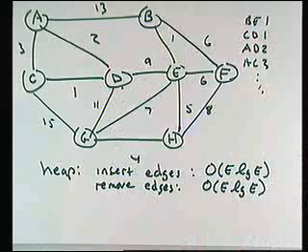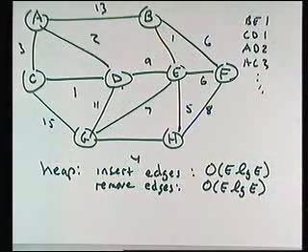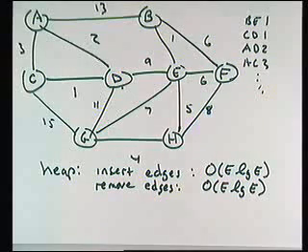It's essentially the same idea, where I can sort these edges in order and then look at them one by one. The tricky part is, given an edge, determining whether a cycle is caused. So we start out saying, these are our edges, these are our vertices.